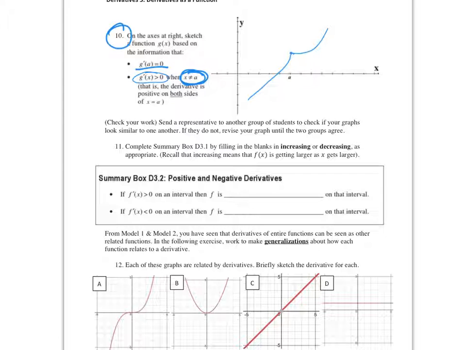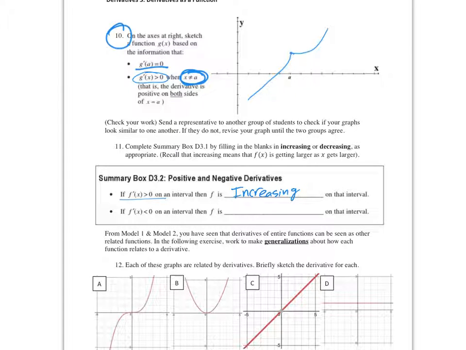I told you we were going to do number 11 together. So let's take a look. If f prime is greater than 0 on an interval, then f has to be increasing on that interval because the derivative is positive.